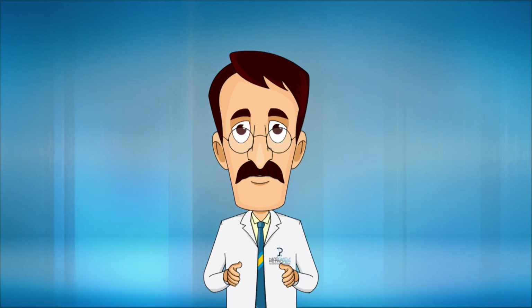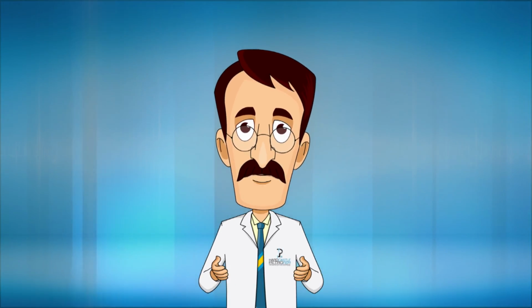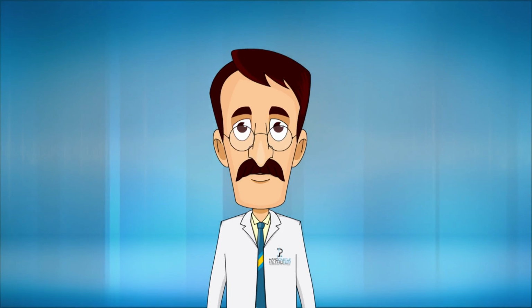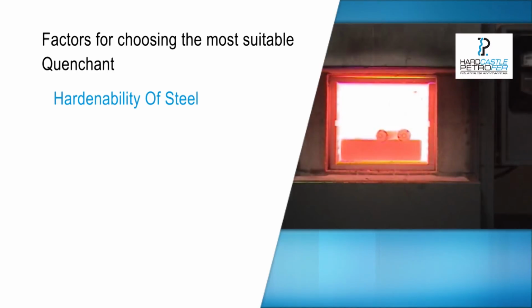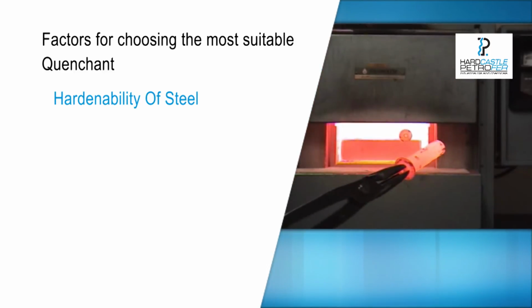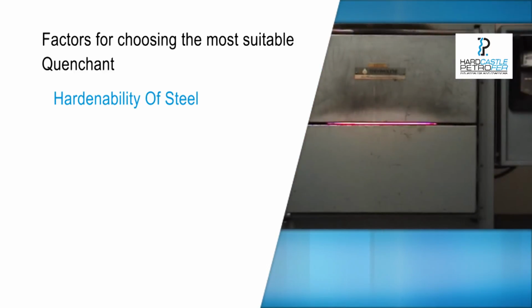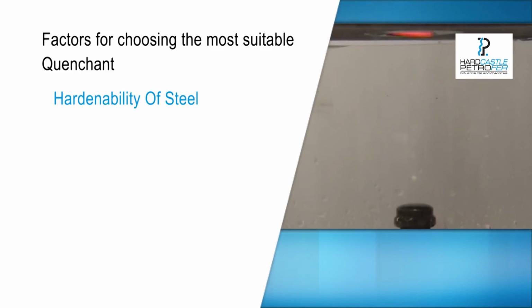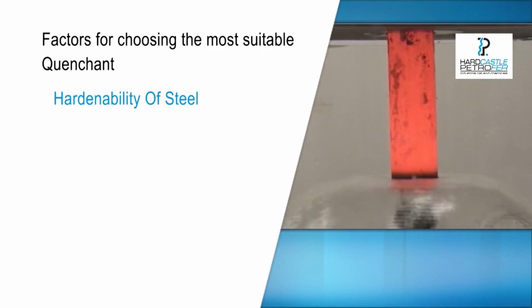Many factors are important in choosing the most suitable quenchants. Hardenability of steel. Hardenability refers to the capacity of hardening or hardening depth in a steel rather than the maximum attainable hardness value.